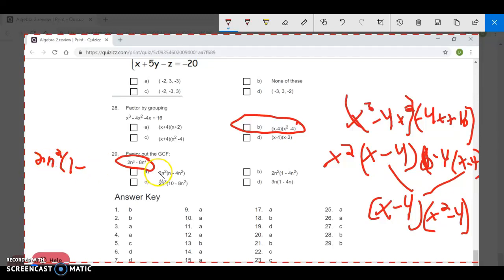Minus 2n squared times what gives me 8n to the 4th? Well, 2 times 4 gives me 8. n squared times n squared gives me n to the 4th. So 4, my fault, 2 times 4 is 8. So the only thing that has that answer is, I believe, B right here.